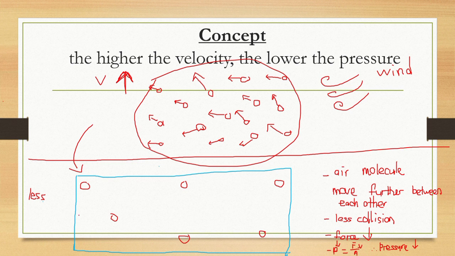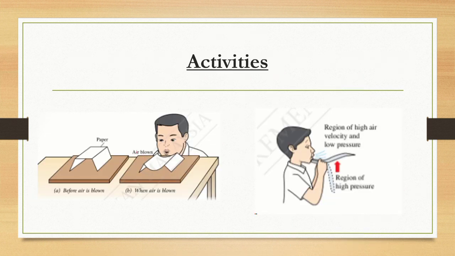So you already learned about this concept. Let us go further. There are some activities that you can do at home. For activity 1, you can try to melipat paper ini to form the shape of a jambatan, and you can try to blow below this region, at the below, bukan top, below.